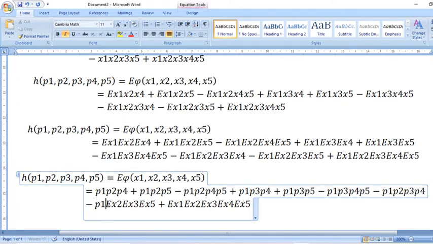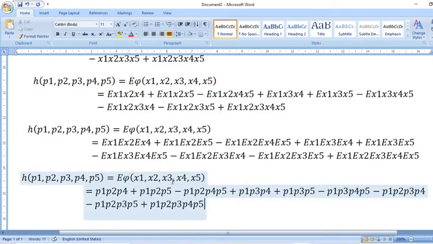Then p1, p2, p3, p5. Then p1, p2, p3, p4, p5. Right, so this is the condition.